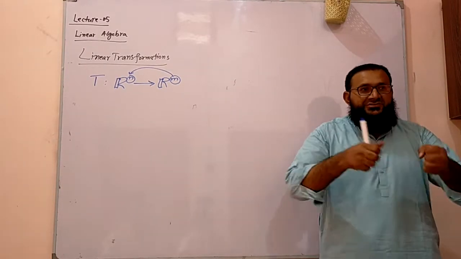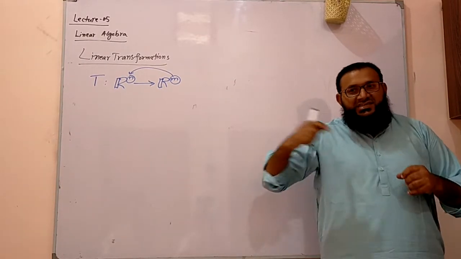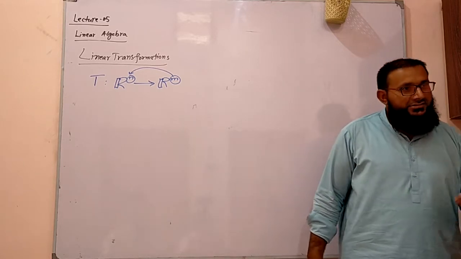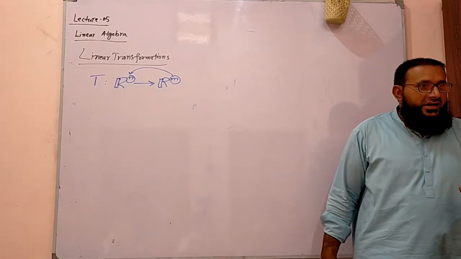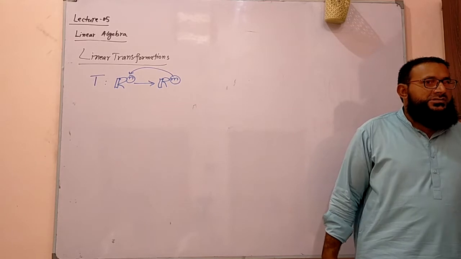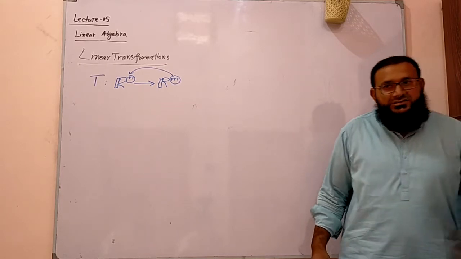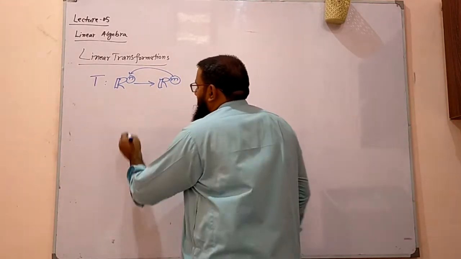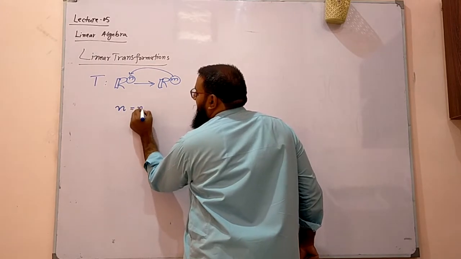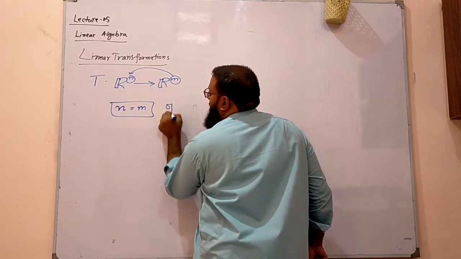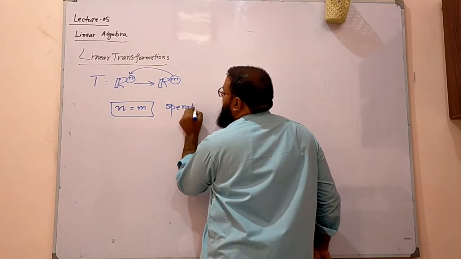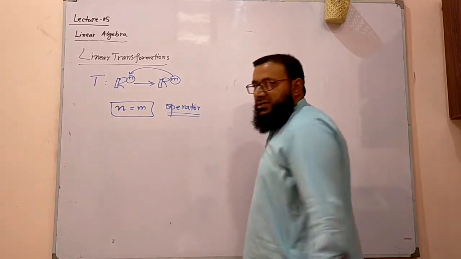We pick a vector from R2 and send it into R2 again, or take a vector in R3 and send it to some other vector in R3. Now, when n and m are equal, we call this linear transformation an operator.